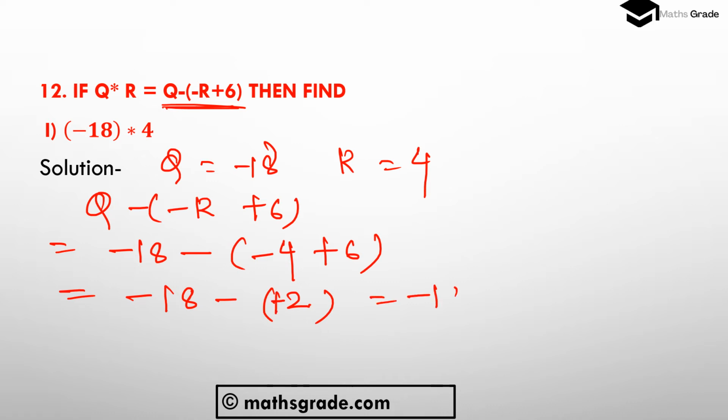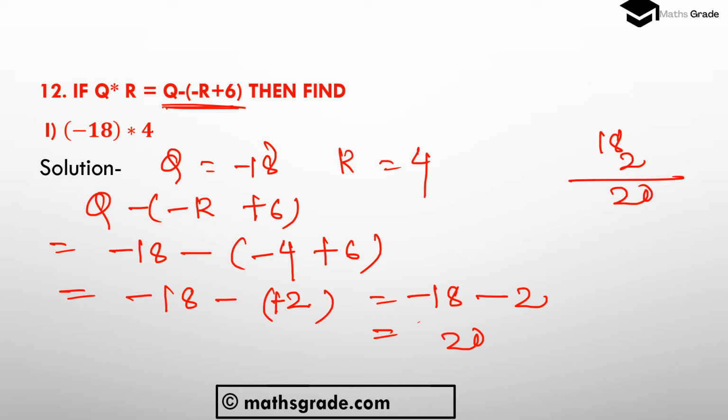Now minus 18 minus of plus 2 is minus 2. Now minus 18 and minus 2. When we add two integers of equal sign, then add the two integers without sign, that is 18 and 2. 18 plus 2 is 20, and both are negative integers.